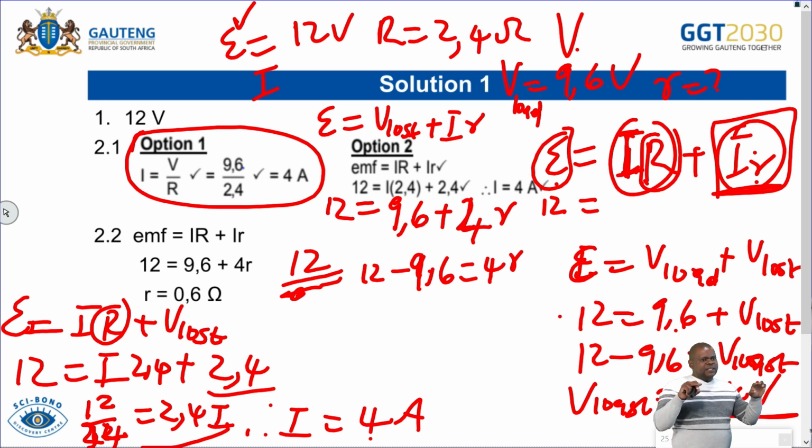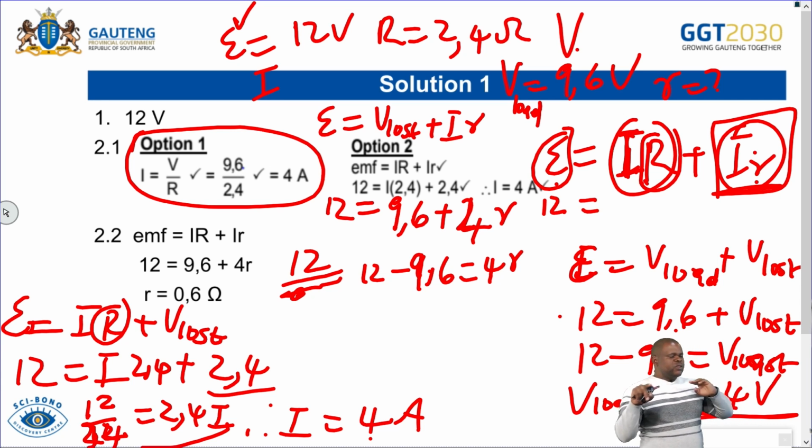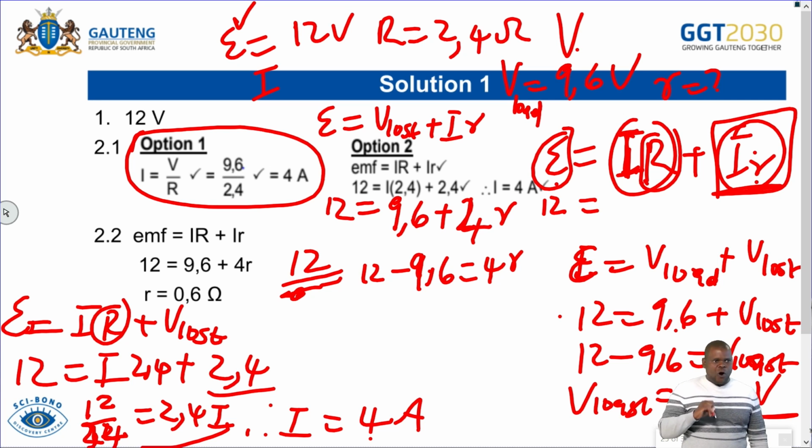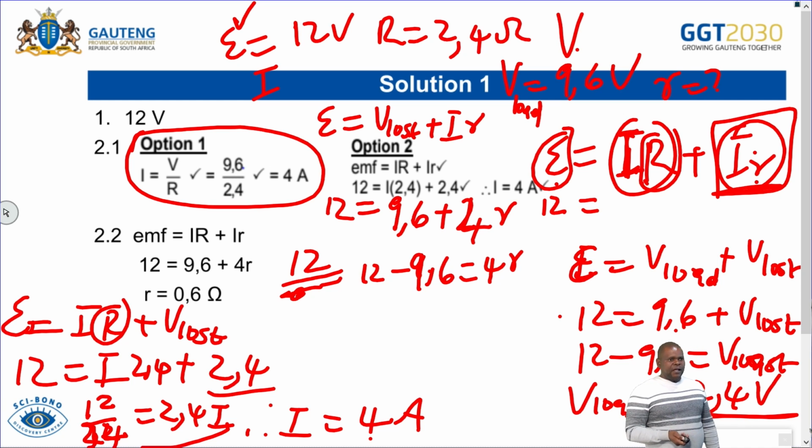Then you divide by 4 on both sides. Then what you're going to get is 0.6, because when you say 2.4 divided by 4, it gives you 0.6. That means our internal resistance is equal to 0.6 ohms. Are we together, grade 11s? Yes.